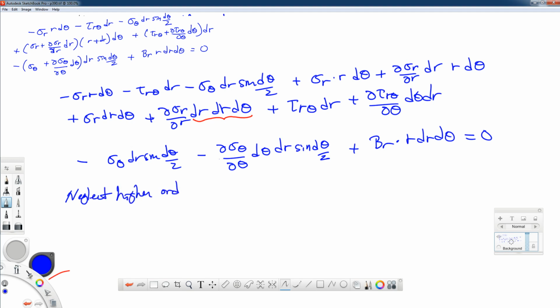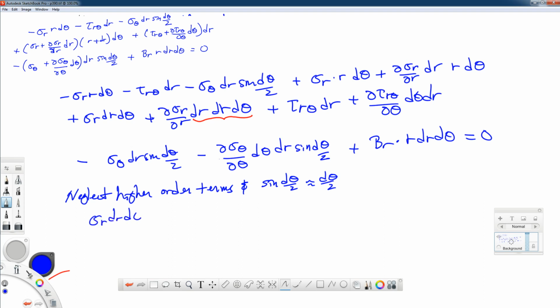They're going to be very small in comparison to everything else. We're also going to make the approximation that if d theta over 2 is small, the sine of d theta over 2 is approximately equal to d theta over 2. So what do we have that's left?